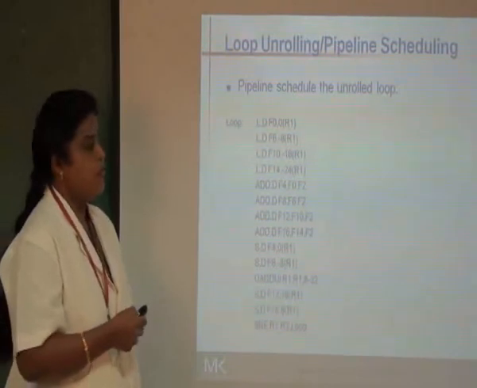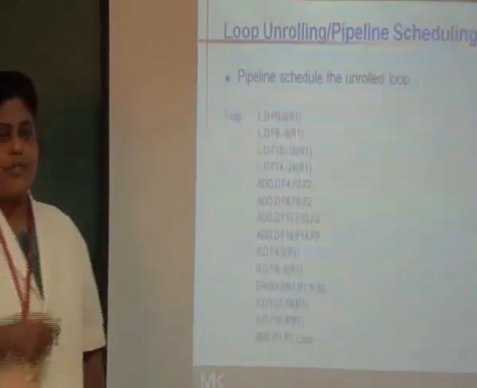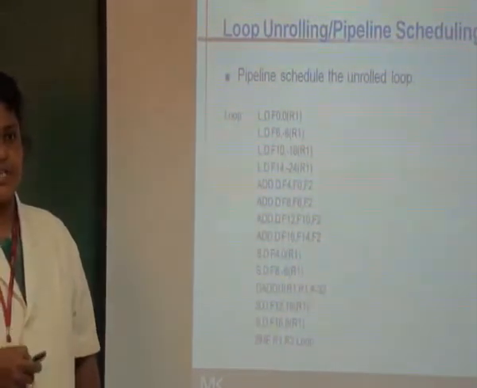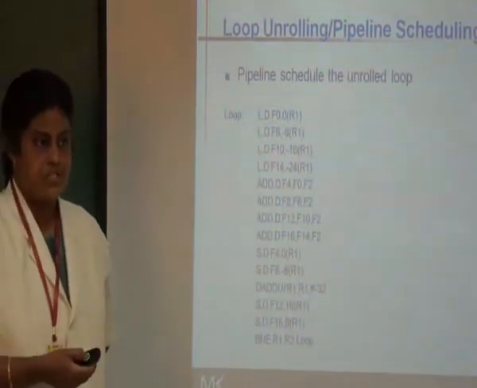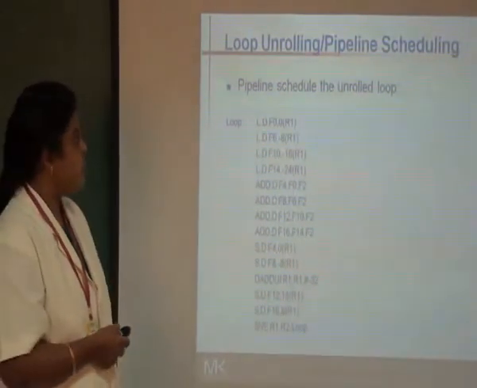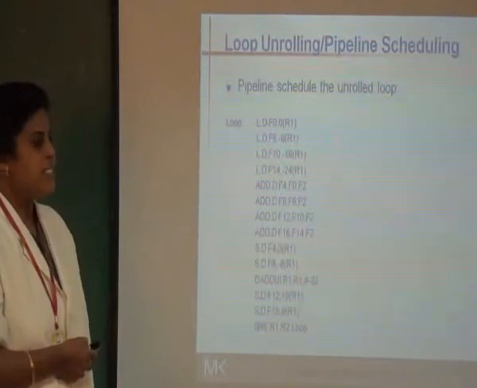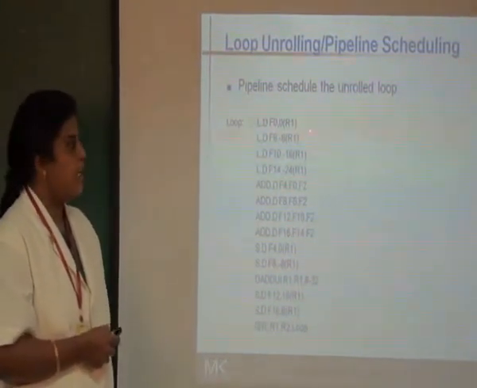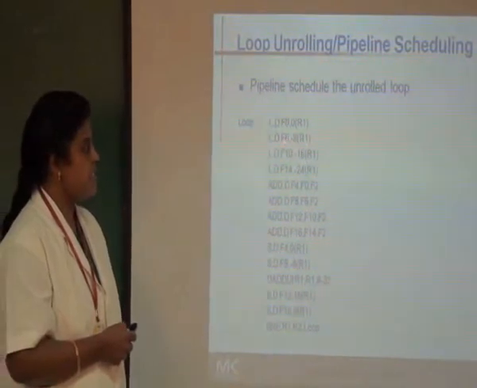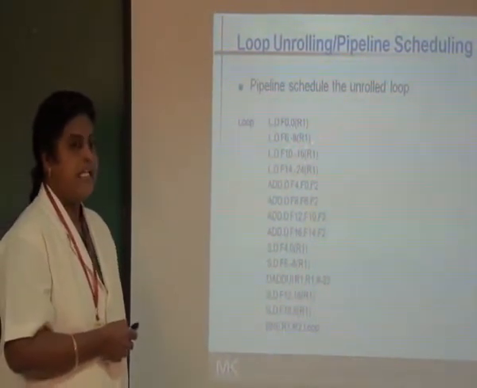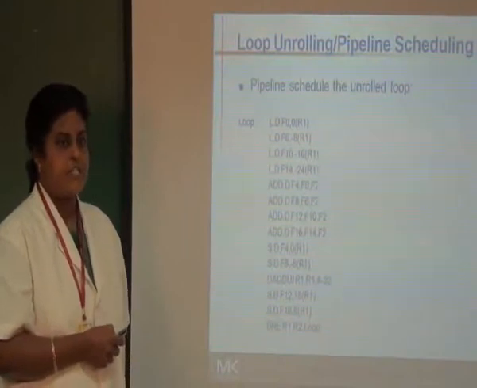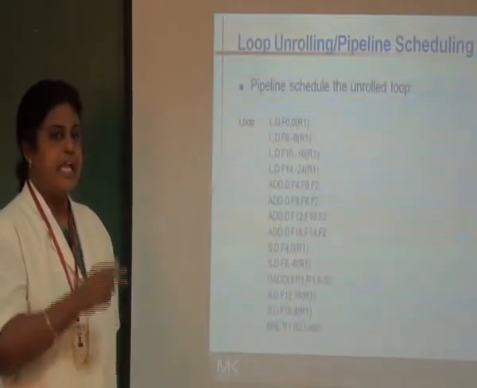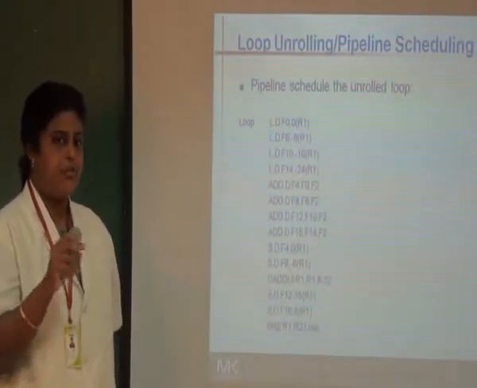So how will you employ both loop unrolling as well as pipeline scheduling in order to bring this instruction level parallelism? What we are doing is loading one register with the content of R1, loading another register F6 with the content of a memory location which is at a distance of 8 from the content pointed out by R1.